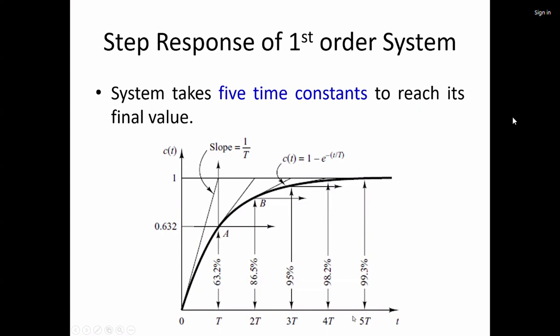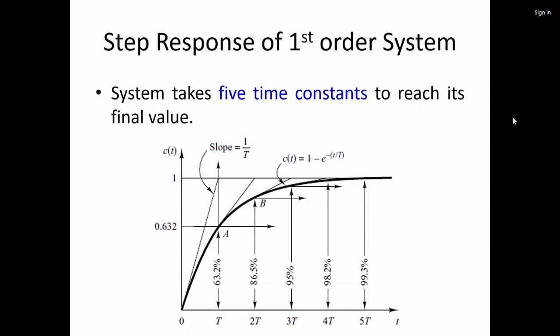And as I was saying, at 5T, it would have reached nearly 99.3% of the steady state output, which is taken as almost the final output because it is within plus minus 1%. And you say that your system response has actually reached the steady state output at 5 time constants.